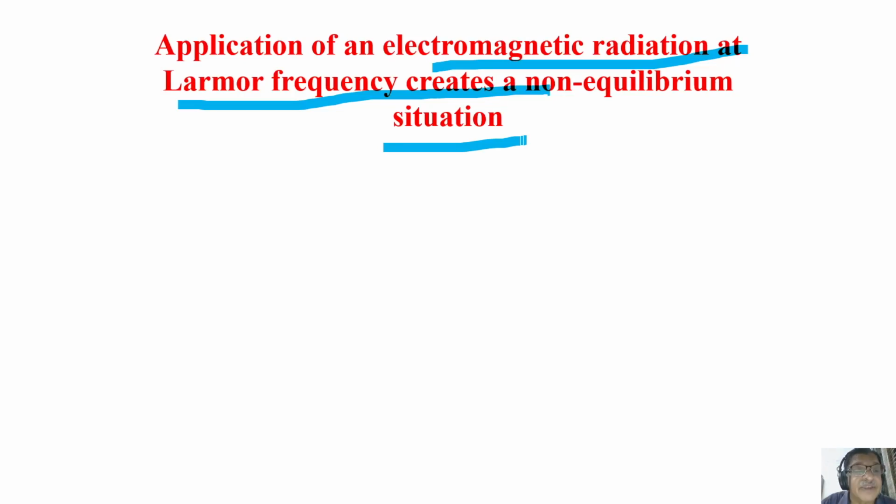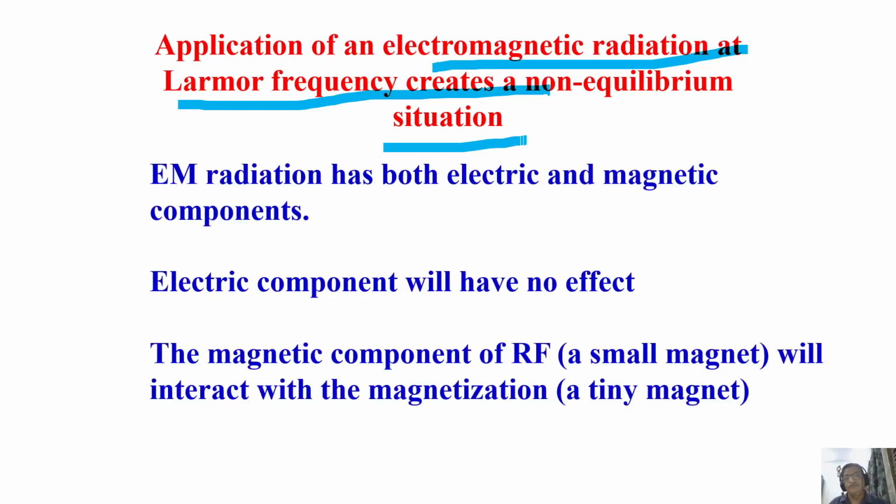So what we understand now is that application of electromagnetic radiation at the Larmor frequency creates a non-equilibrium situation. The bulk magnetization which was in thermal equilibrium is disturbed. Now what is going to happen when you send a radio frequency signal?